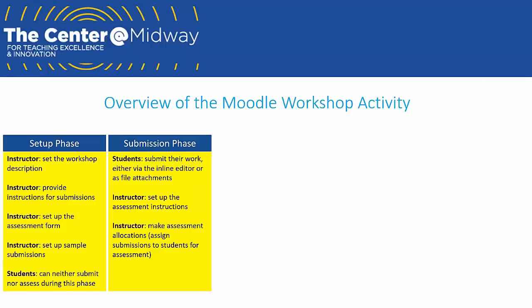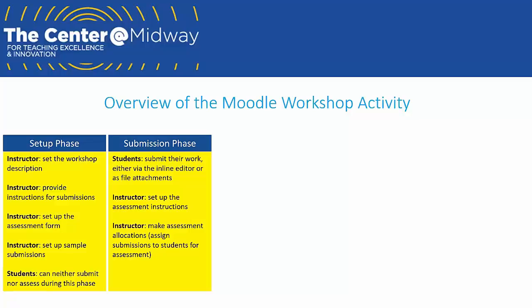They can submit their work either in the inline text editor or as file attachments. And as the submissions come in, the instructor can set up the instructions for the assessment, and the instructor can assign who is going to assess which submissions.